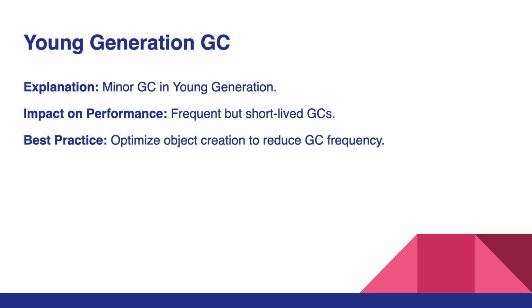If our application has many short-lived objects, we can optimize by configuring the size of the young generation to prevent frequent unnecessary garbage collections. By reducing the GC frequency, we keep our application running smoothly and avoid performance spikes caused by frequent memory reclamation.